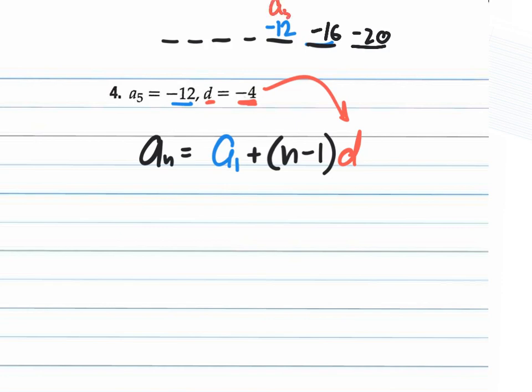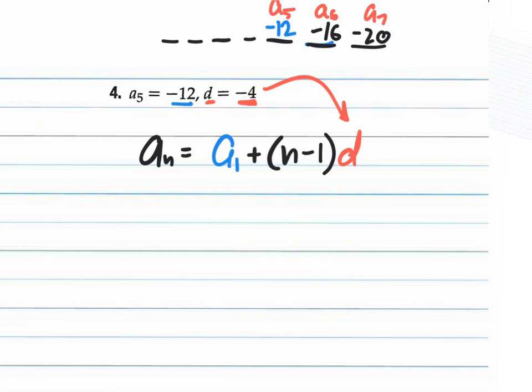Again, here's your a sub 5 term, here's your a sub 6, a sub 7, and technically you could work backwards to find your a sub 1. That might be easier, but we do want to encourage not using logic in this situation. We want to encourage using the algebra, okay?